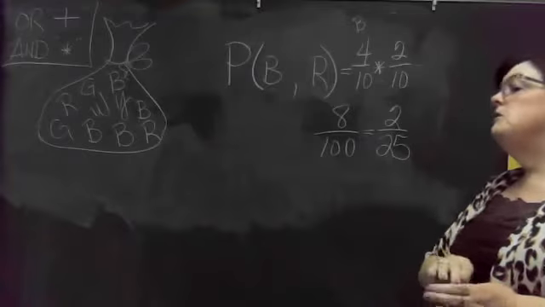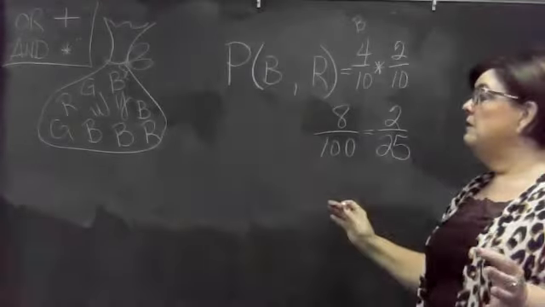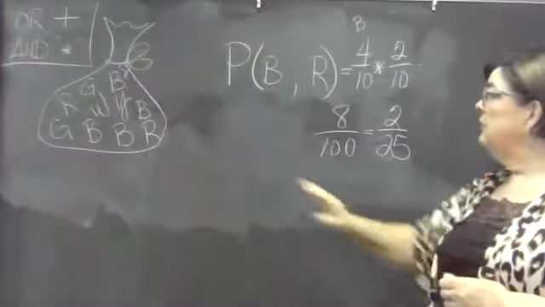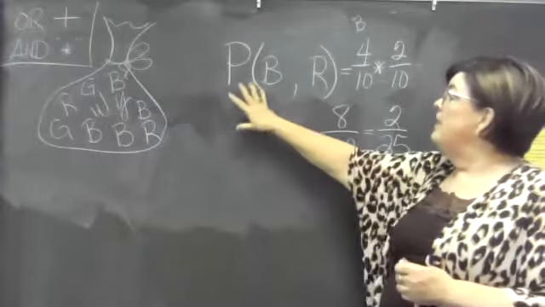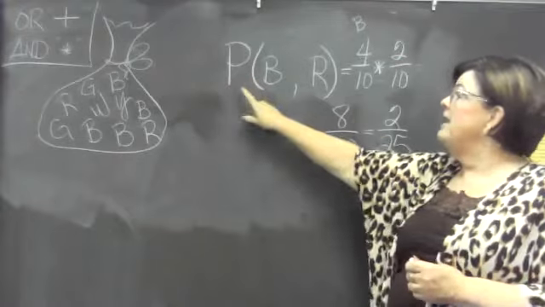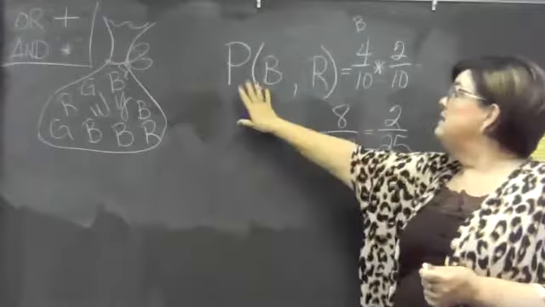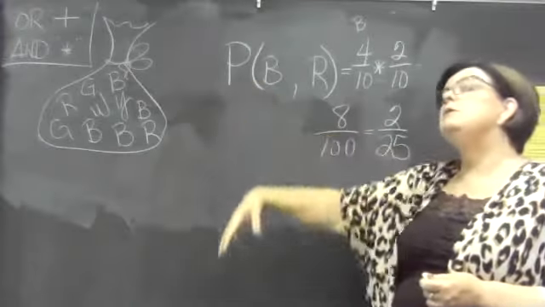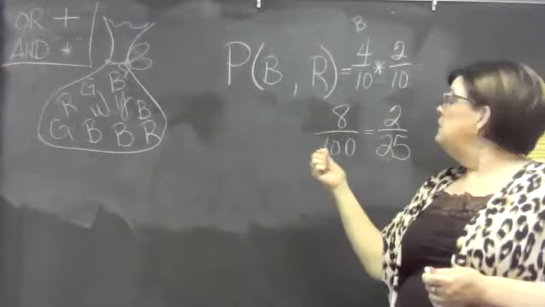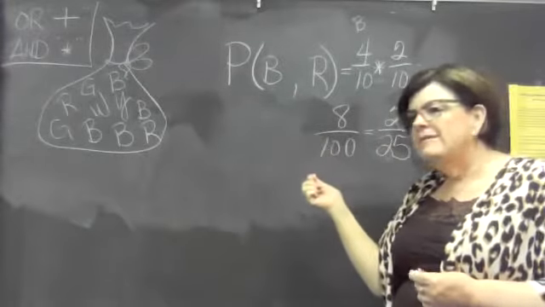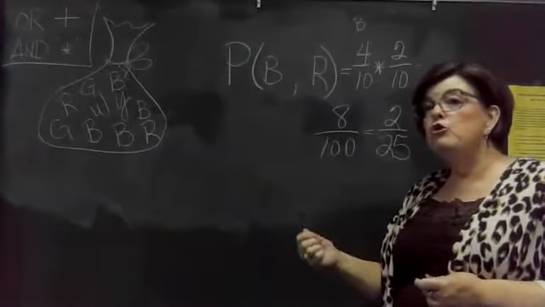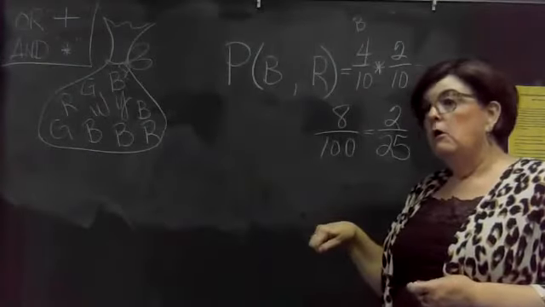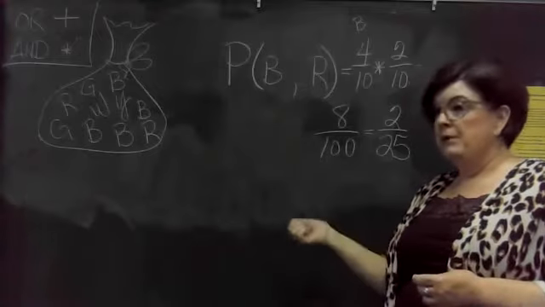Now I'm going to give you an overview of a lot of things. Like when I said this, I was asking the probability of reaching in there, and I get a blue, and I go, oh, yes, and replace it. They're going to use the word replace or not replacing.